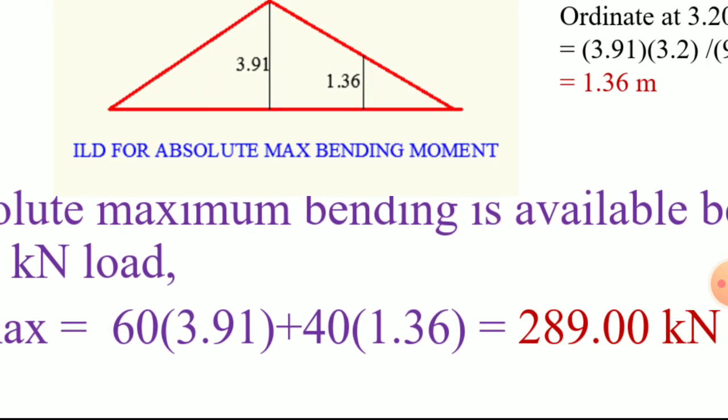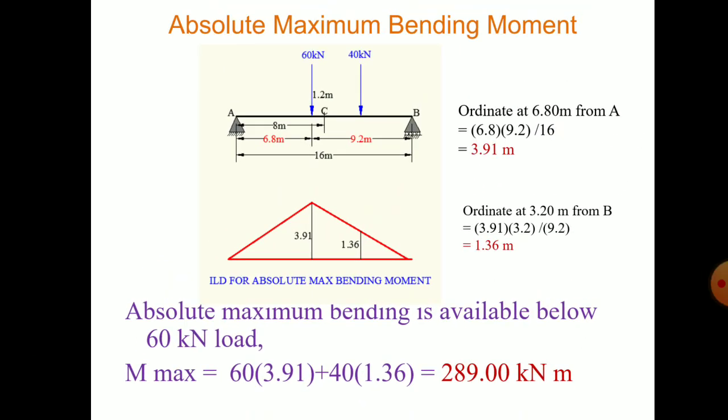So the absolute maximum bending moment below the 60 kilonewton load will be equal to 60 into 3.91 plus 40 into 1.36, that works out to 289 kilonewton meter.